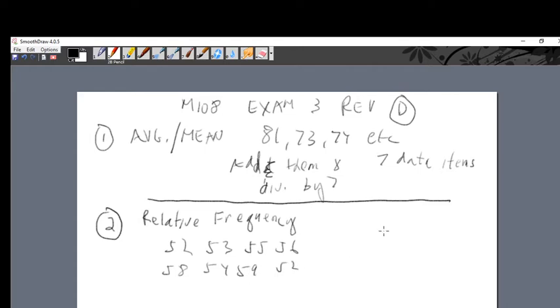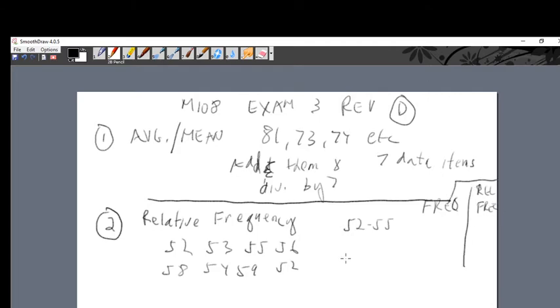And then you separate them into two classes. One of the classes is between 52 and 55. You're going to get their frequencies first, and then we'll go to the relative frequency.